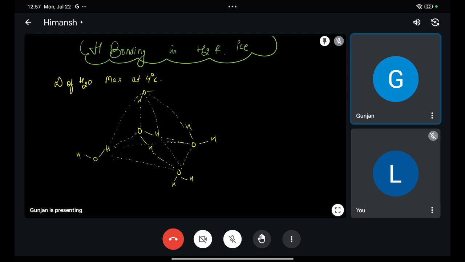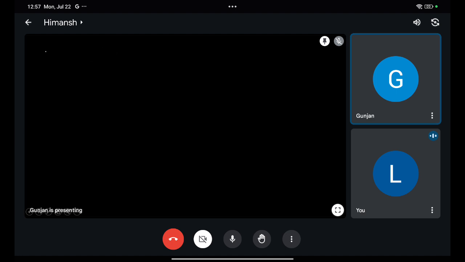Okay, any problem, any doubt? No doubt. Now the point is that ice is lighter than water. Ice is lighter than water.